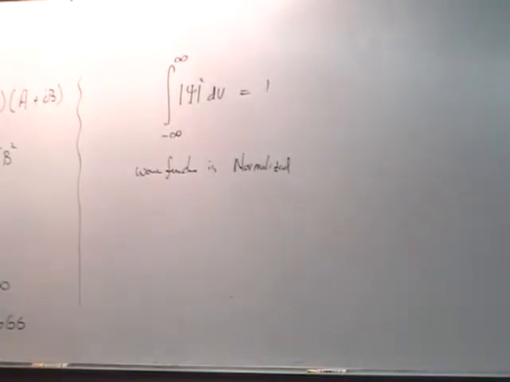And that's a task that's going to be left up to you from time to time. You're going to need to normalize the wave function. Not by integrating to see that it equals 1, but you're actually going to adjust the constant out front to force it to equal 1. So one of the very first tasks you normally have is to normalize a wave function. You take a wave function, you integrate it and say that the integral must equal 1. And you do that by adjusting the constant out front. That done, now you have a normalized wave function.